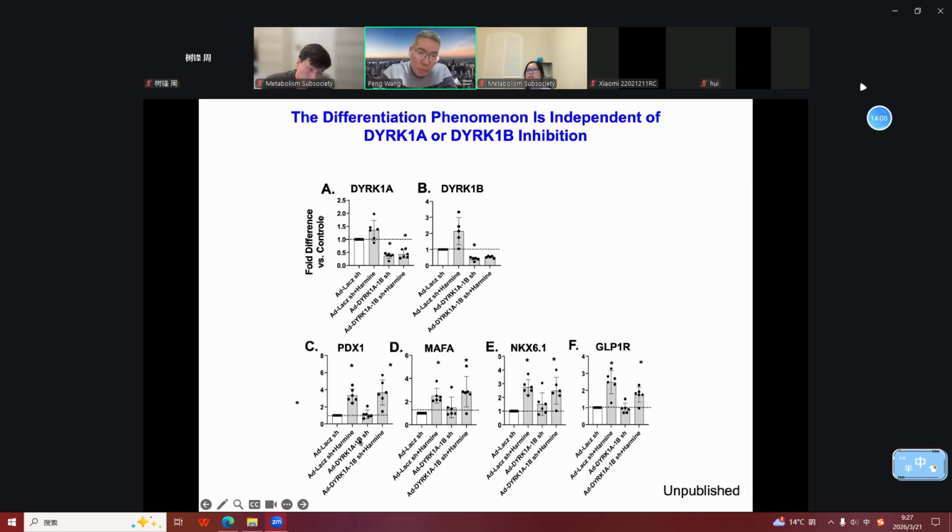However, when we silence DRG1A and 1B, we don't see any B cell function gene expression change. When we add back harming to even the DRG1A and 1B silence, we can see the B cell function gene expression again. So it suggests that this B cell function gene expression does not require DRG1A and DRG1B. It's independent of DRG1A and 1B.